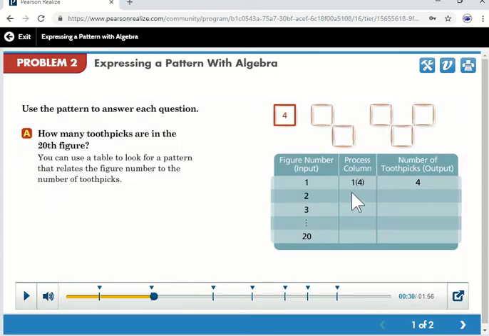And obviously next they're going to probably do figure 2, and what would go here in what they're calling a process column. And then that of course leads to the actual final number of toothpicks, which we know is supposed to be 8, right? But how does that happen? And the picture helps. Looking at the picture, there are 2 different squares of 4 toothpicks each.